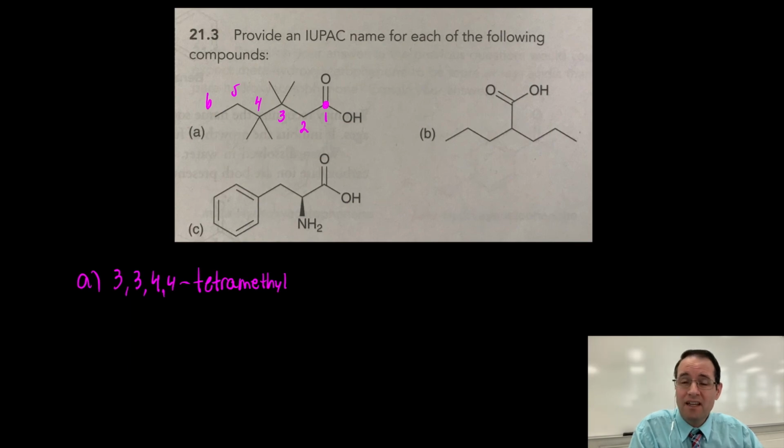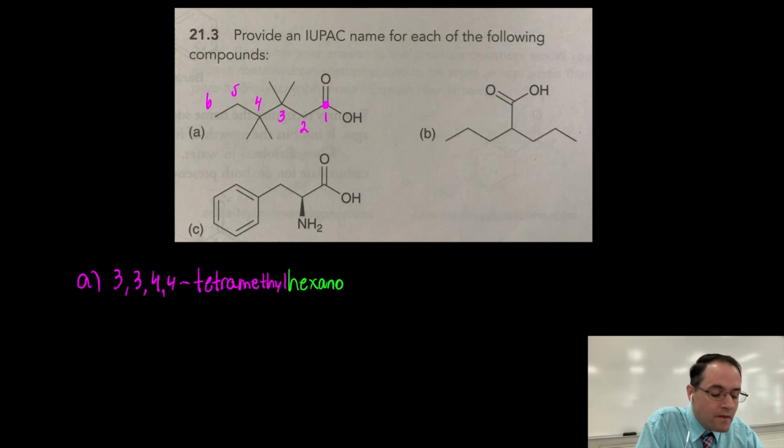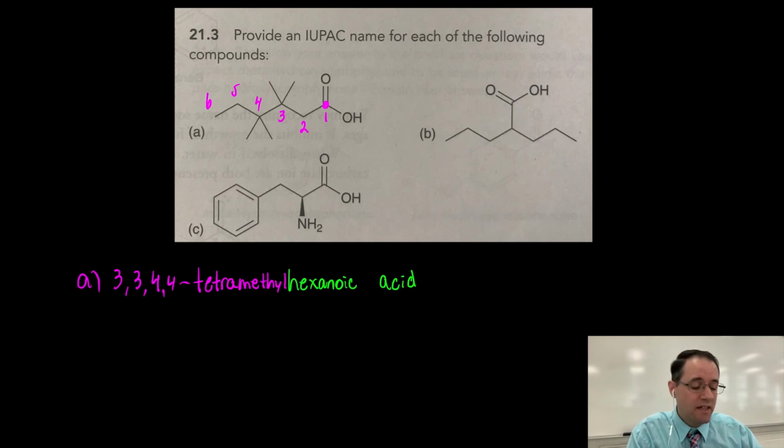We drop the E at the end and we add oic acid. So this is going to be hexanoic acid. And we leave a little space here before we write the word acid. Okay? So hyphens between numbers and letters, commas between numbers, and we leave a space here between the end of the name and the first part of the acid, okay?